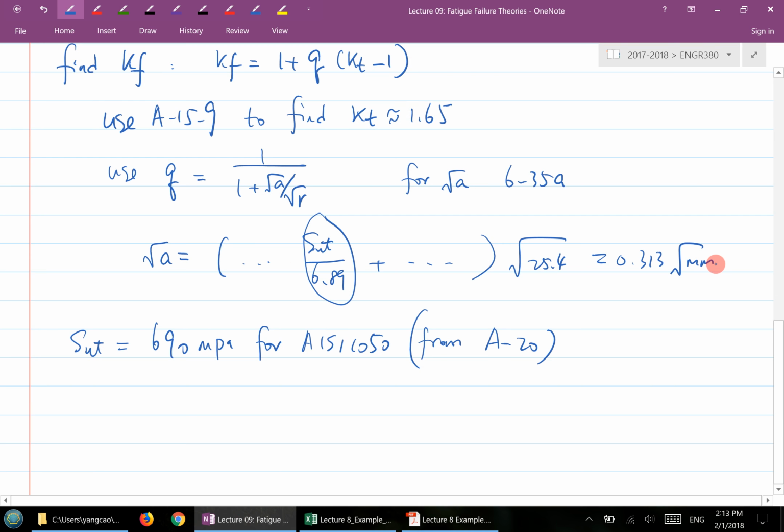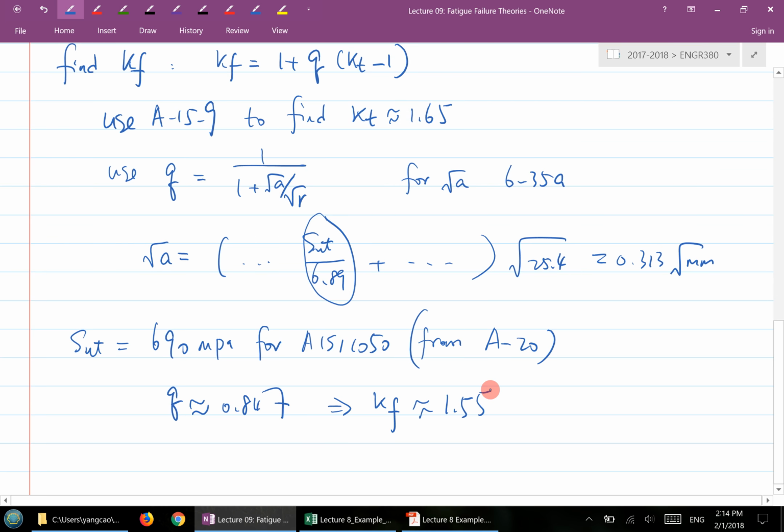Once you get this root a, you substitute it into this formula, and r is 3 millimeter, so the fillet is a 3 millimeter fillet. Then you can calculate the q. The q here is approximately 0.847. So then you can calculate your Kf now. Kf is approximately 1.55.